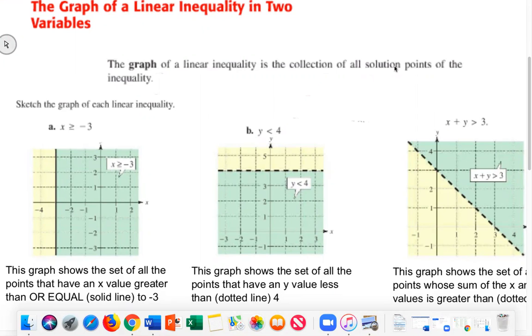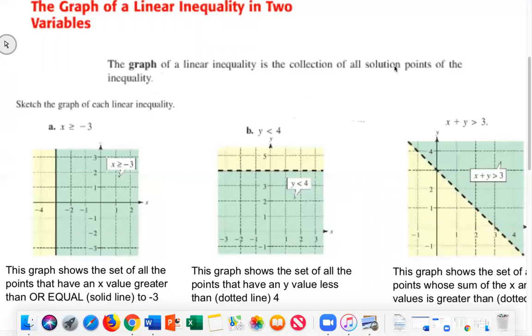Because it changes, right? If my line's sloping down, this side's going to be above. But if I'm sloping up, this side's going to be above. So that's something you're going to have to pay attention to. The one thing I'll strive to tell you is focus on the y-intercept. If you focus on that, you can figure out above and below real quick.